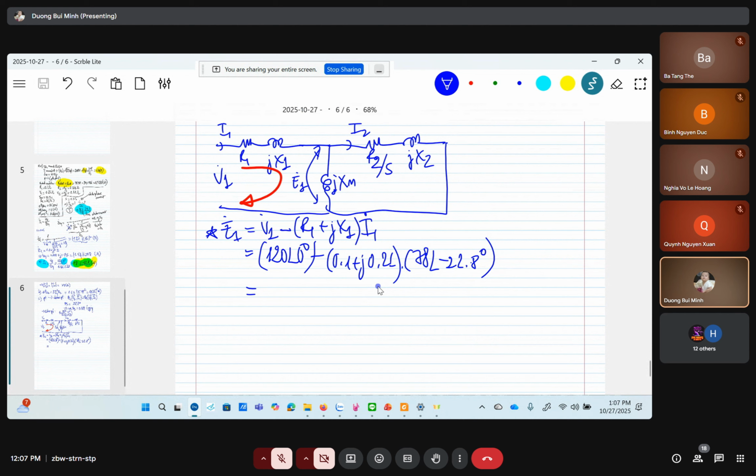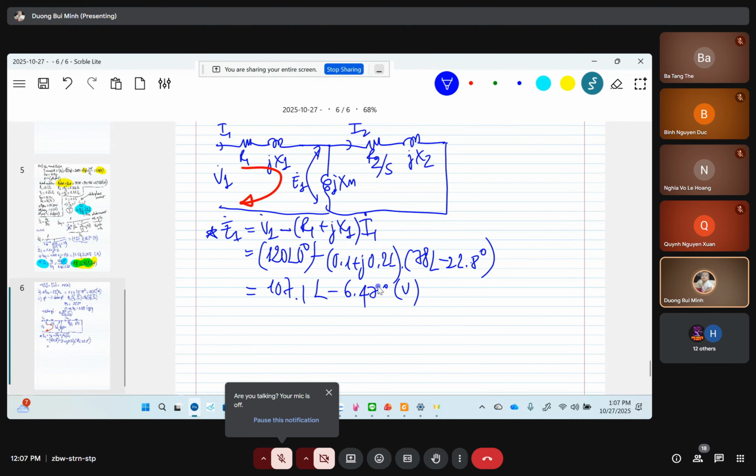You get 107.4 with phase angle minus 6.47. Is that correct? You need to help me double check.